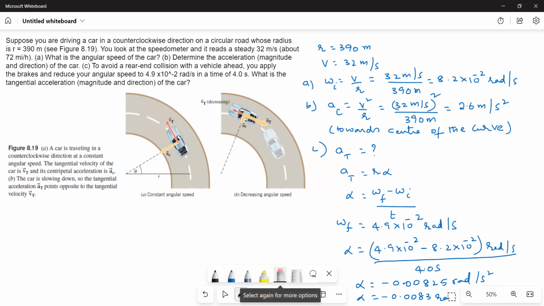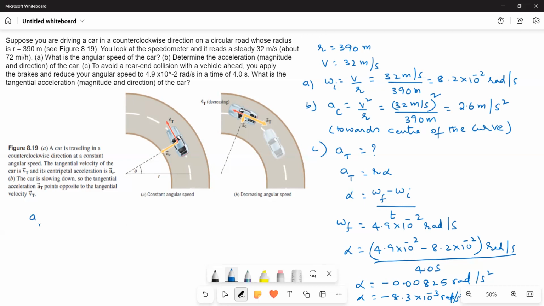I will convert it into scientific notation, which will be a good idea. So negative 8.3 × 10^-3 radians per second squared. Now we have to find AT.